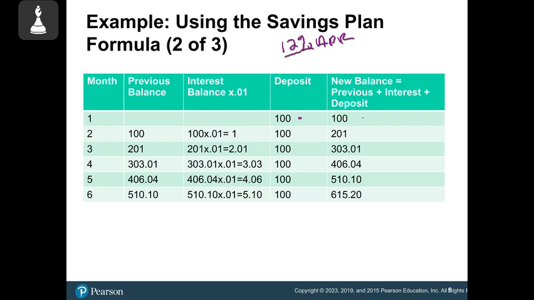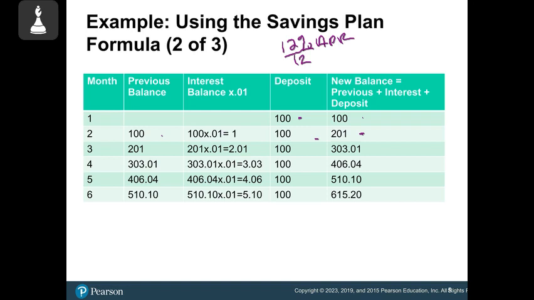If we're depositing monthly, divide by 12, it's going to be 1% every month. So $100 times our 1% means I'm going to earn $1 in interest. But I'm also going to then deposit another $100 into the account. So I'm going to add all of these values together. 100 plus 1 plus 100. My new balance is now $201. The end balance for month 2 is $201.